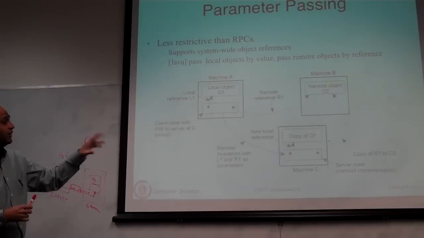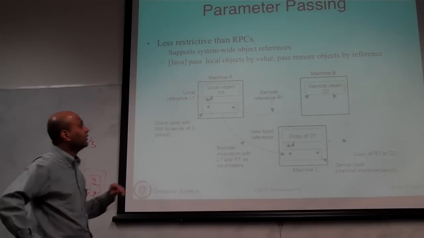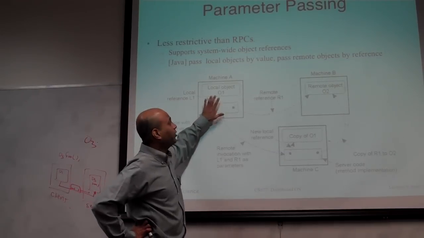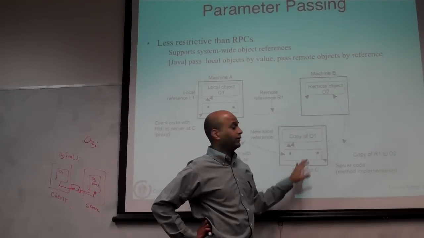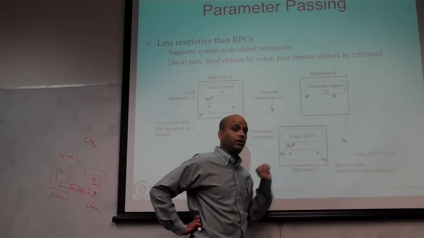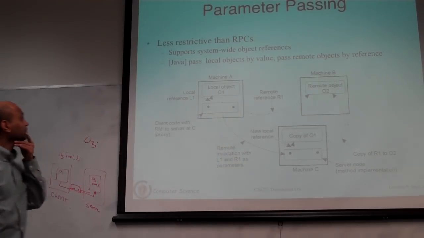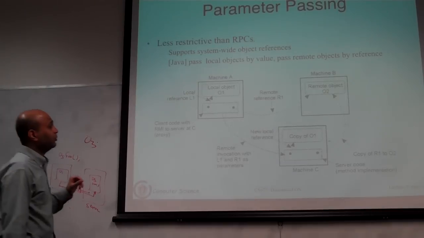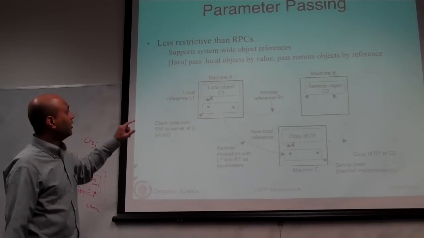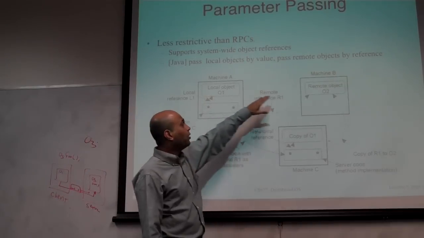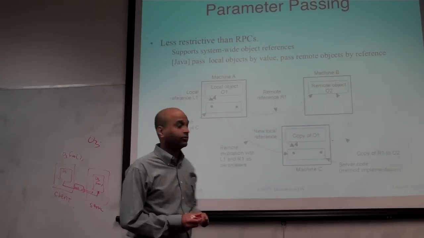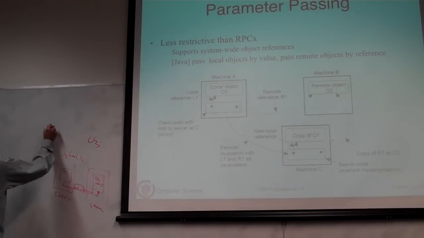Here we see three machines. There is an object O1 on machine 1, there is object O2 on machine 2, and there is some code running on machine 3, where there are no local objects. Now suppose that you want to make a remote call that goes from here to here, passing objects O1 and O2 as parameters.